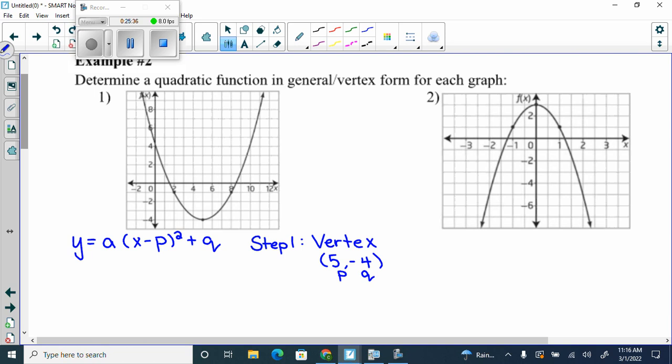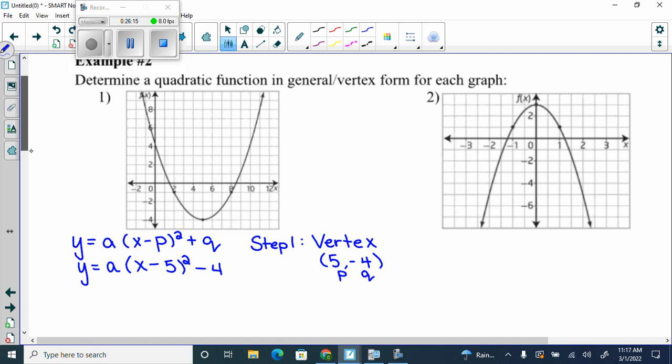So I'm going to get y equals a, it's x, and then what? If P is 5, what am I going to put here? X minus 5. Right? It's always the opposite, correct? X minus 5. And then, what do I do? Minus 4, subtract 4. So that's step 1. Okay? I'm literally just taking the vertex, putting it back into the equation instead of taking it out of the equation. I'm just doing the reverse of what we just did.